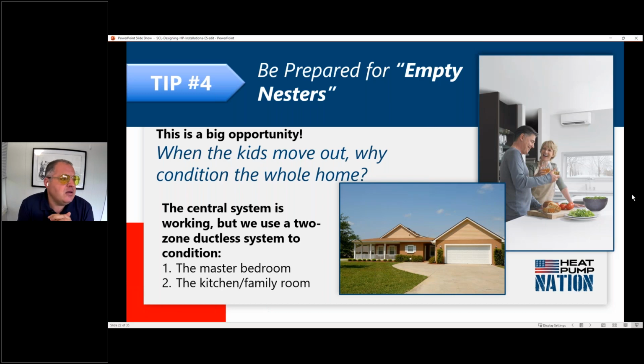They love it. They're not ready to move, but they want a more modern and efficient way to heat and cool their home. And the best way to do this is what I call the empty nester design. And that's where you keep the existing heating system in the home and you put a ductless style system in that master bedroom with one indoor unit, and then perhaps down in the main living area where they spend most of their time, like there's usually a kitchen family room kind of combo downstairs, and the ductless system takes over the majority of the heating and cooling, and the central system that's there is set back 5 to maybe 10 degrees.